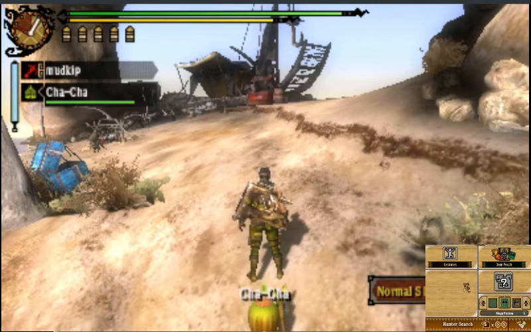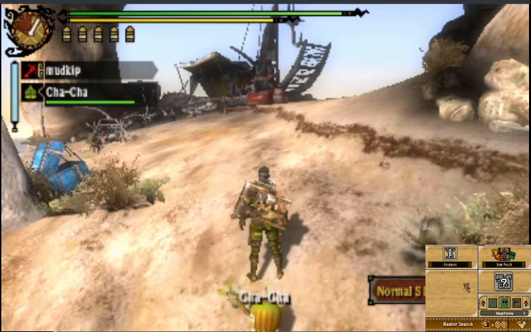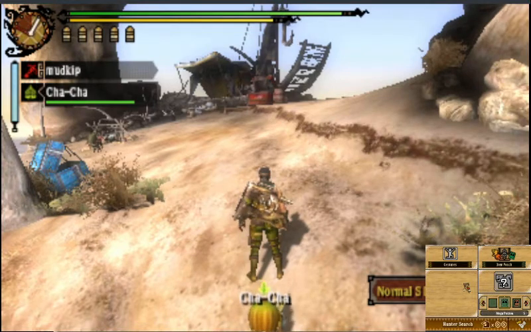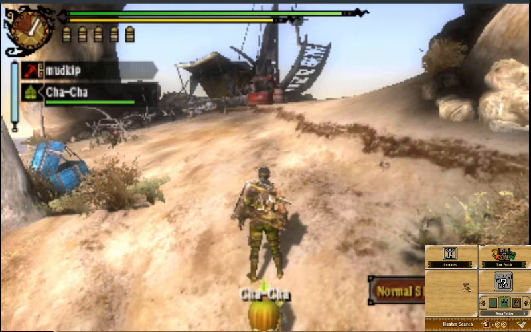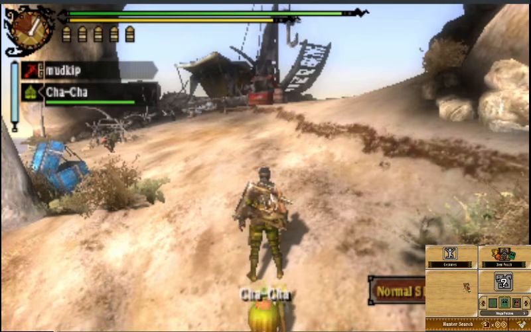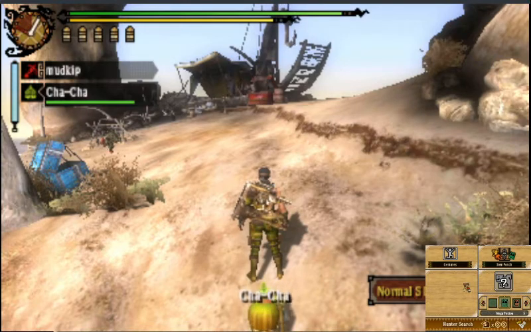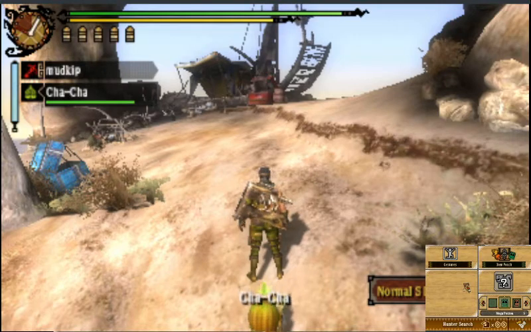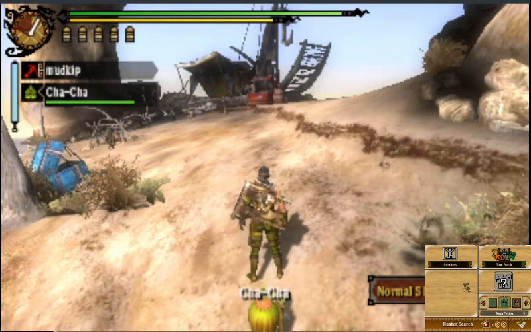While the heavy bowgun will involve you finding a safe place, preferably somewhere where the monster is not looking at, and ideally he should be distracted by either Cha-Cha or one of your teammates in multiplayer. So find a safe spot with your heavy bowgun and crouch fire and just unleash as much ammunition as you can because you will be dealing DPS from afar. So that's basically how you are supposed to play as a bowgun user.